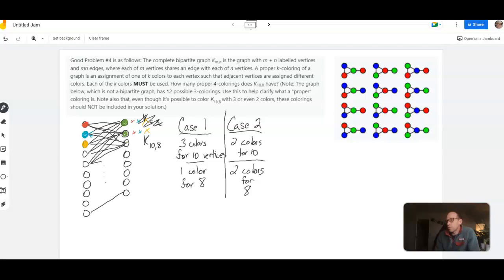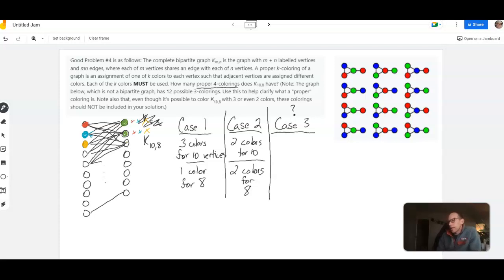That wouldn't break any rules with the colors, but we're saying proper 4 colorings. That means we have to use 4 colors. So it would not be allowed to use 2 colors for the 10 and just 1 for the 8. We have to use all 4. And then, of course, there's going to be a case 3 that I'll let you figure out what that would be.